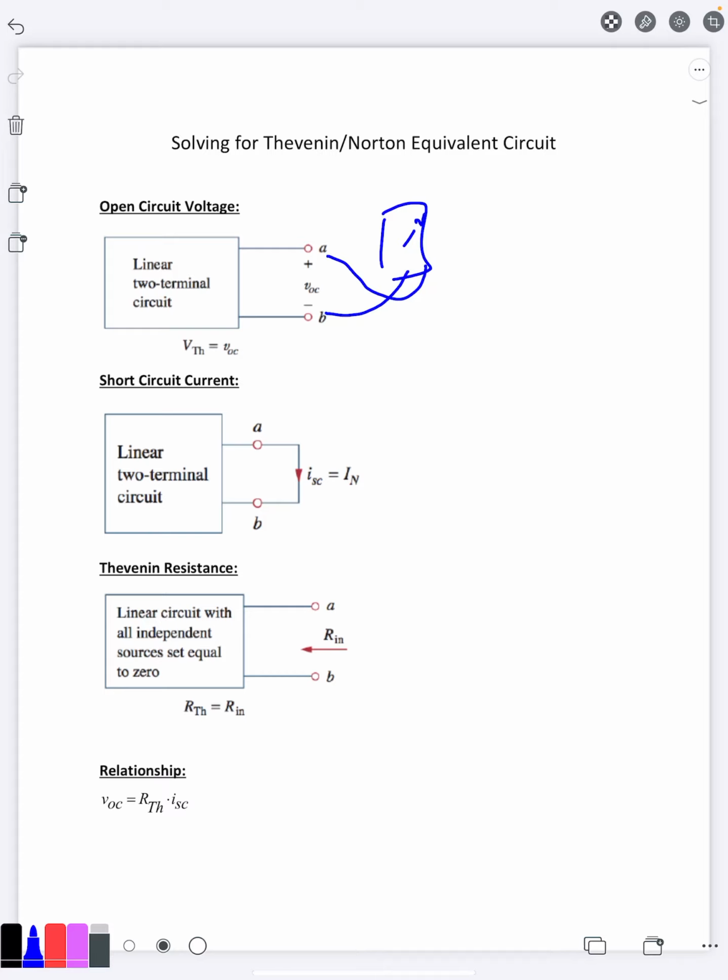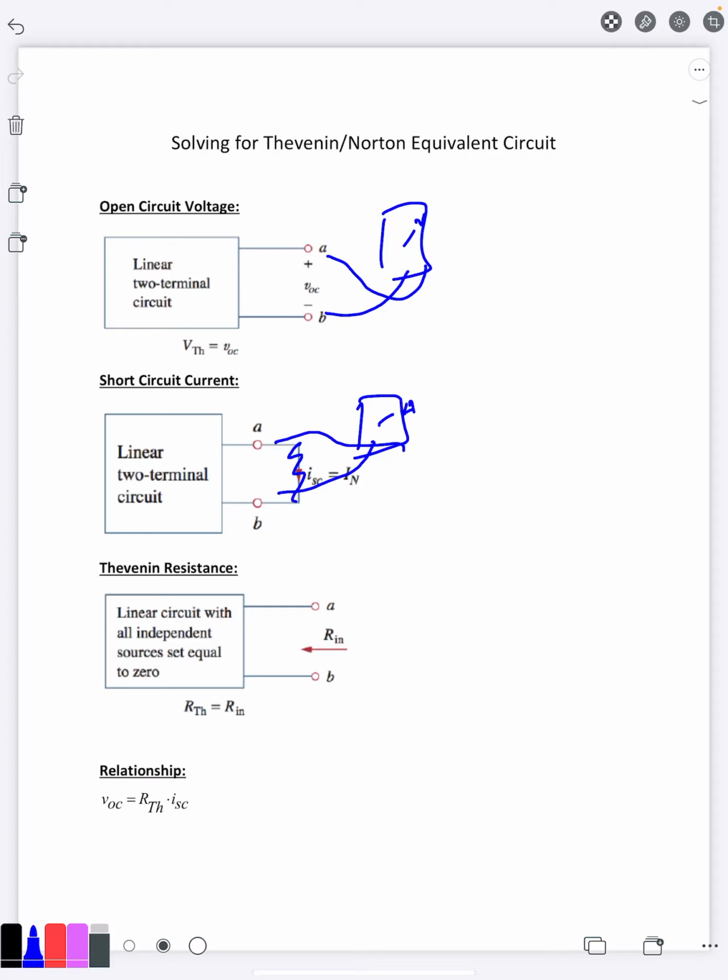It's a really high resistance, and so having it in the voltmeter setting will measure your VOC. If you then take that same meter hooked up in the same fashion and turn it to the ammeter reading, an ammeter is basically a short circuit, so you're essentially putting a short circuit between the terminals, and guess what? The current you read is going to be exactly the ISC.